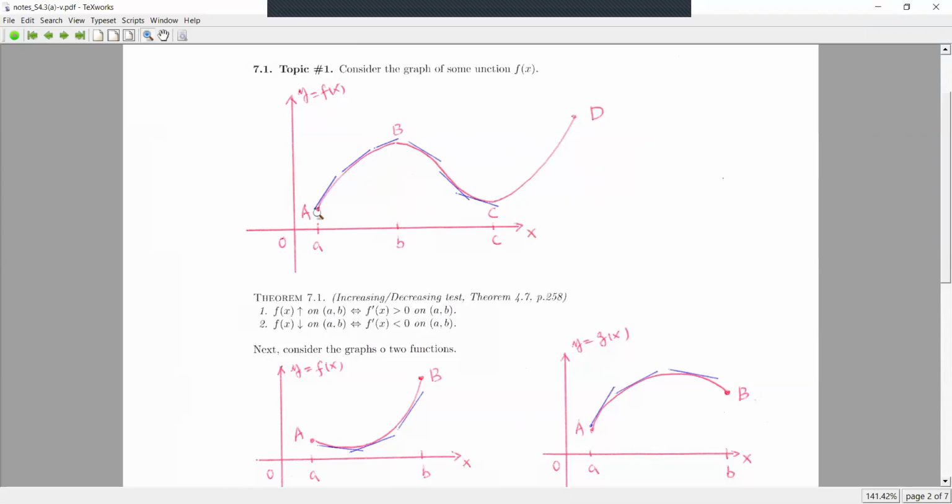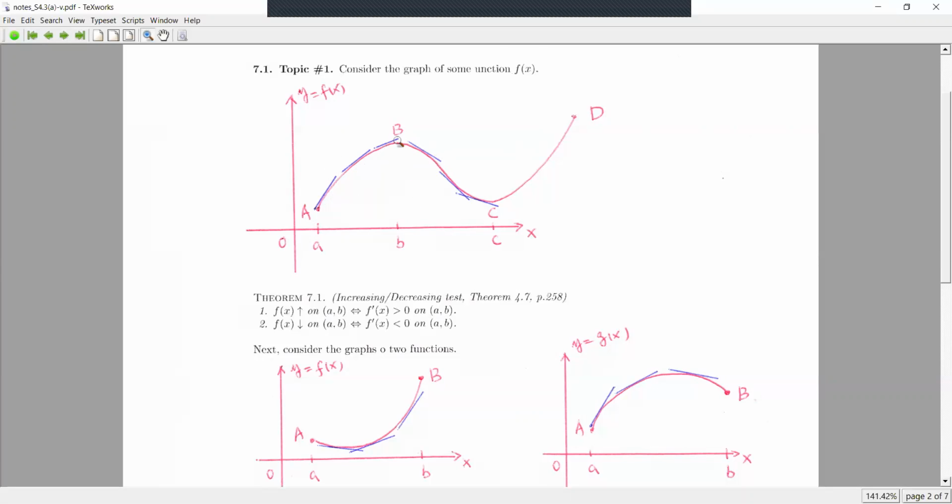Now consider this portion of the curve. I draw some tangent lines to this portion. Then it's easy to see that each tangent line has positive slope. So when a curve is increasing, slope everywhere is positive.